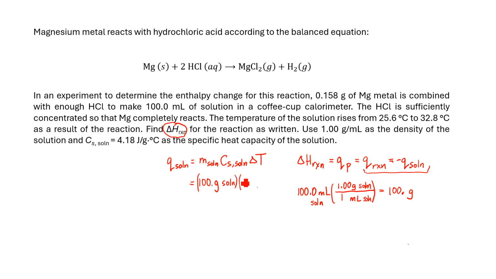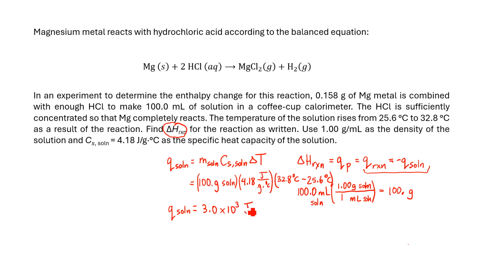Specific heat, they just told us, is that of water, 4.18 joules per gram times degrees Celsius. Change in temperature is 32.8 minus 25.6. So far looking pretty good, right? Nothing too crazy. Q solution is equal to, let's see, we got 3.0 times 10 to the 3 joules.